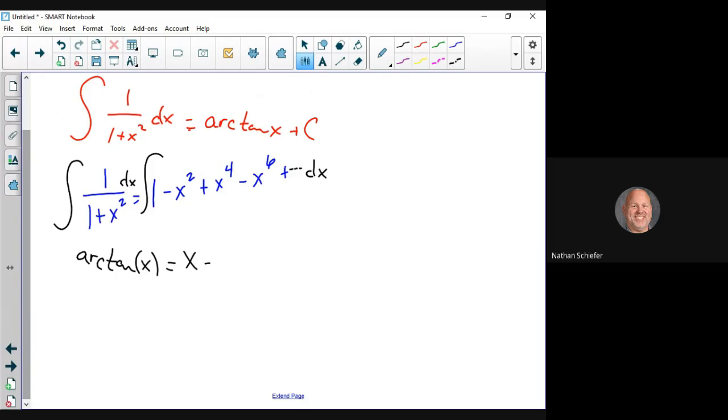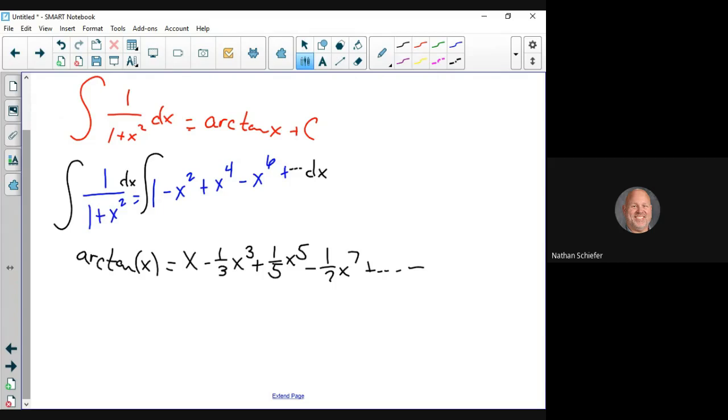Double what? 1, 1, thank you, Bryce. I'm saying that again. 1/3 x cubed. 1 times 1. 1/5 x to the 5th minus 1/7 x to the 7th plus blah, blah, blah. I'll let you figure out the general term. You could do some work on that.